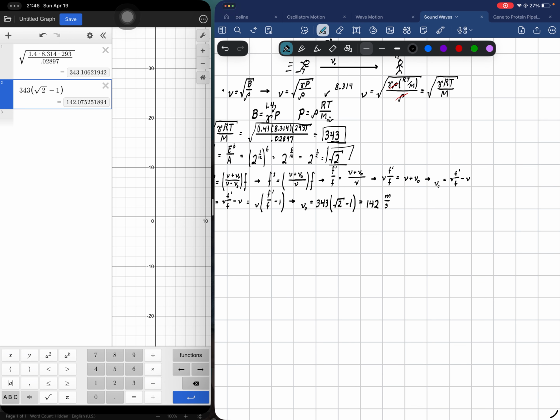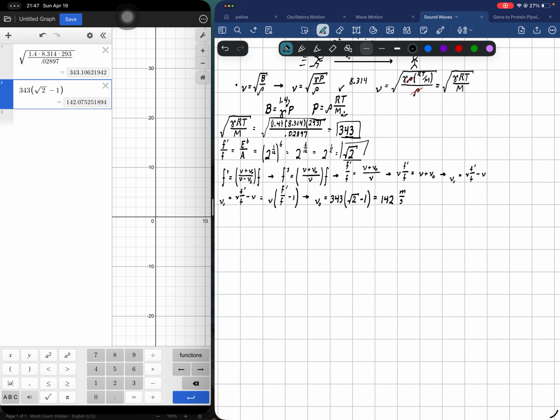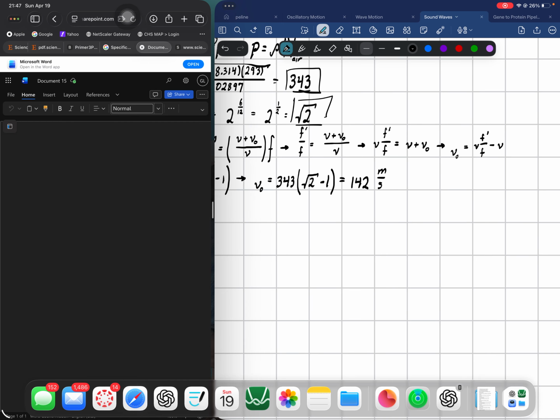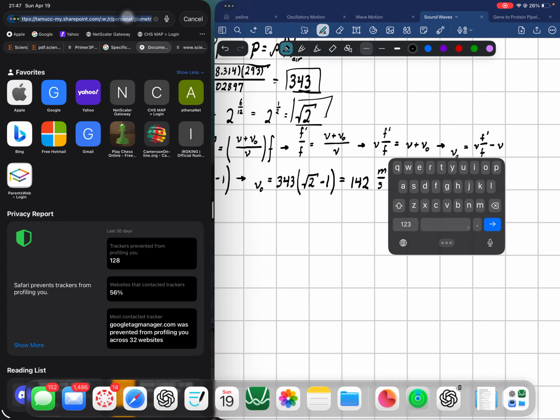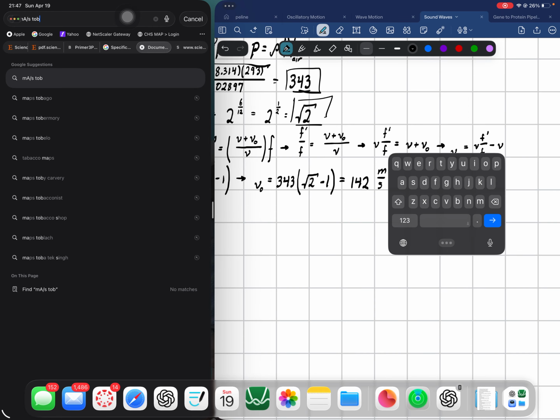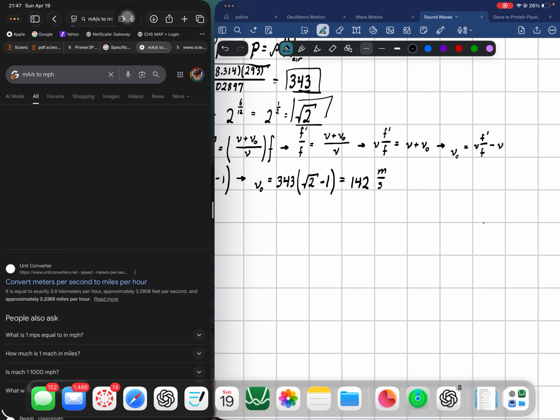Okay, well, what information does that give me, right? I'm American, bro. What is meters per second? So let's go ahead and figure that out. Meters per second to miles per hour.